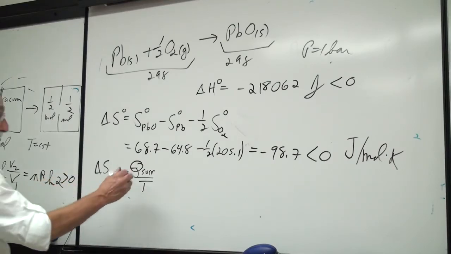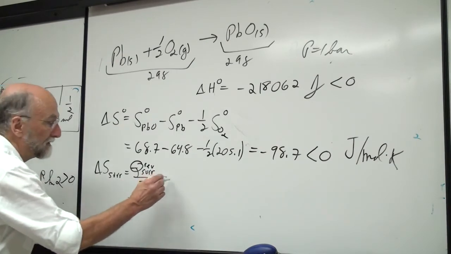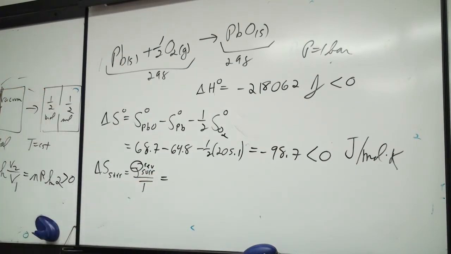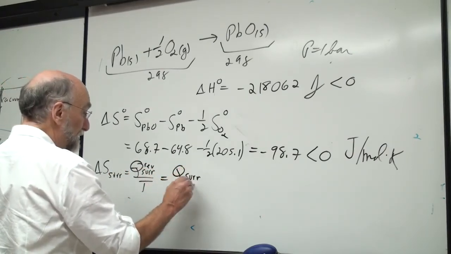So delta S surroundings is Q reversible of the surroundings. You have two things at the same temperature, and transferring heat at constant temperature is reversible. It's at equilibrium. So we can remove the reversible. This is just Q surroundings over T.